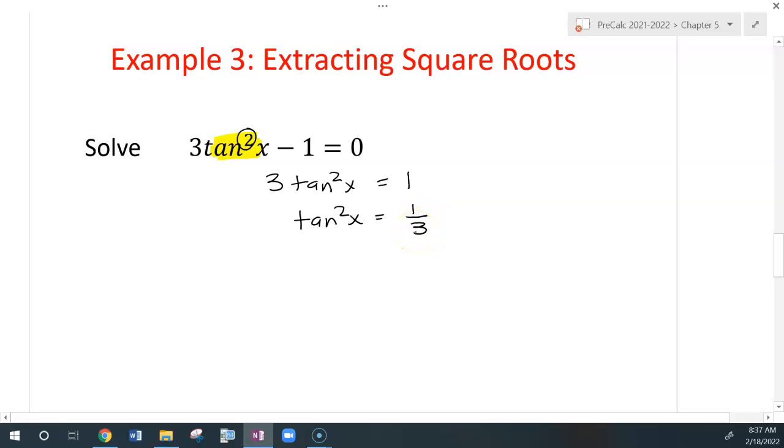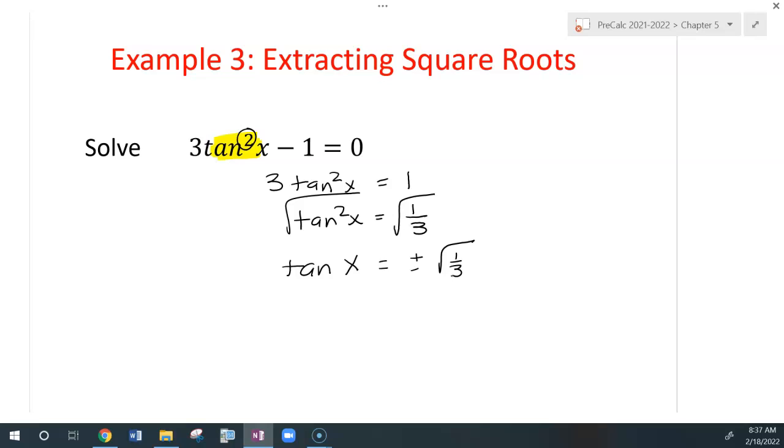This is where I do the square root. I'm going to square root both sides. So tangent of x is going to equal plus or minus square root of 1/3. Remember, the square root wasn't already in the problem, so when you put in the square root, you take both positive and negative.